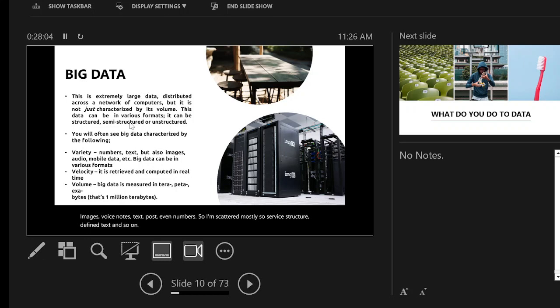So big data has three main characteristics. One is variety. Variety, as we have said, it is in form of numbers, text, images, audio, and so on. So that means variety, like in various formats. When we are talking about velocity, we are talking about speed.